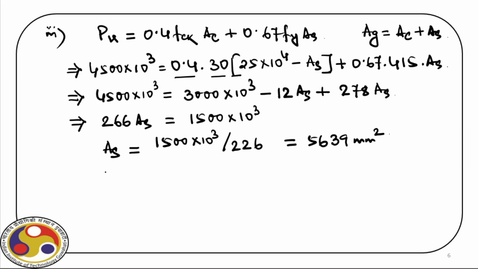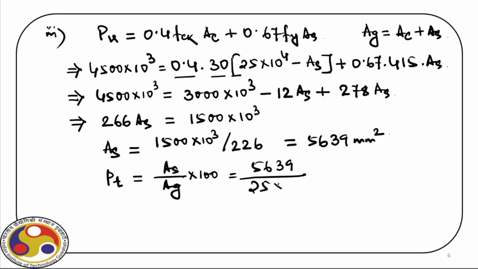So first thing we have to check percentage steel, which is As by Ag times 100. So we have 5639 divided by 25 into 10 to the power 4 into 100.